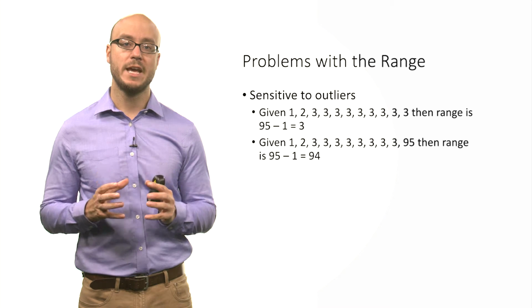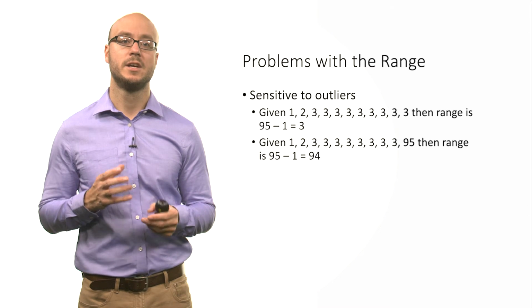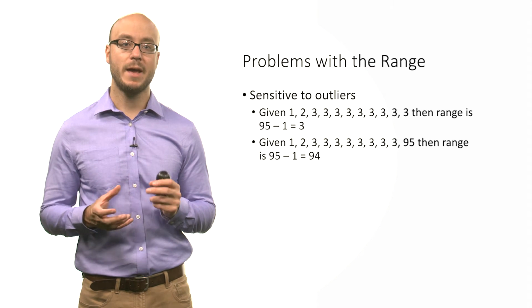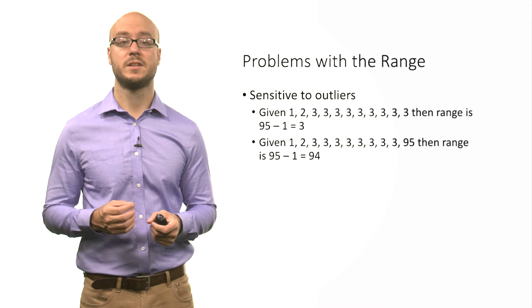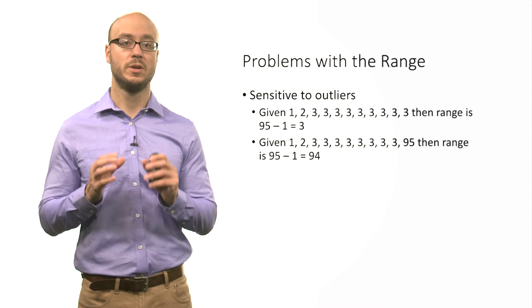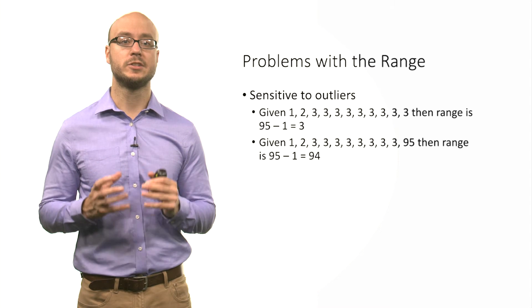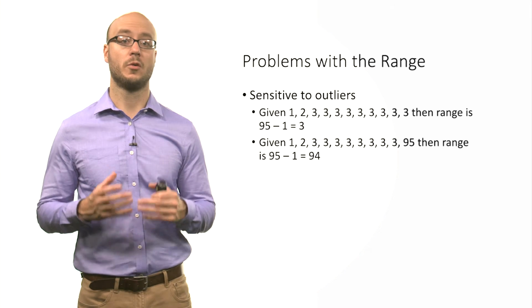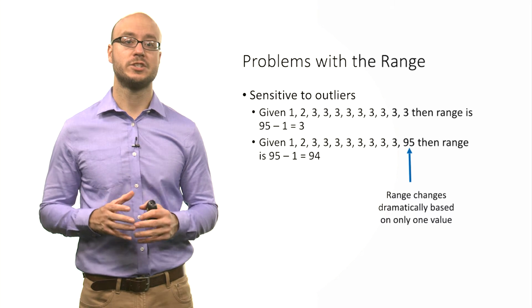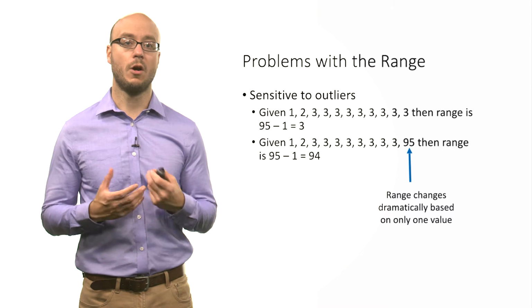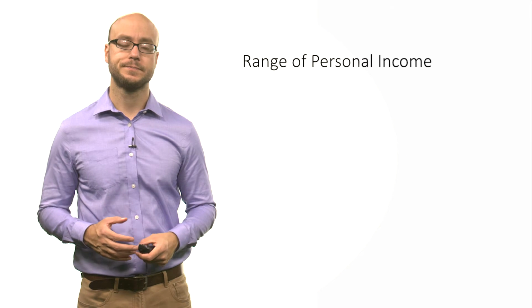So you can see that the range is quite sensitive to how these extreme endpoints are changed, because it's based on the endpoints. If you change one of the values of the endpoints, the range will change. Another way to put it is that the range is sensitive to extreme values, otherwise known as outliers. The range changes based on just the alteration of one data point.